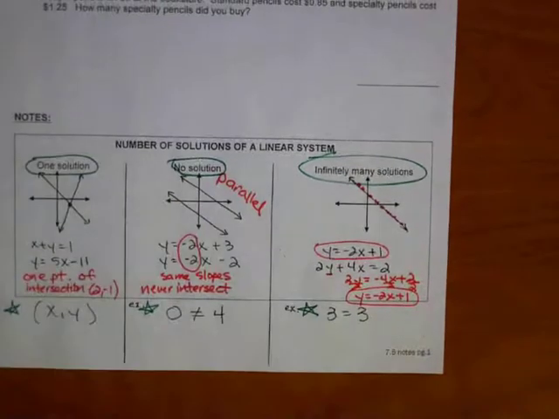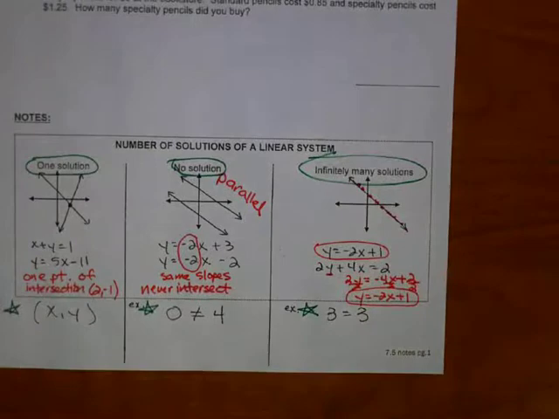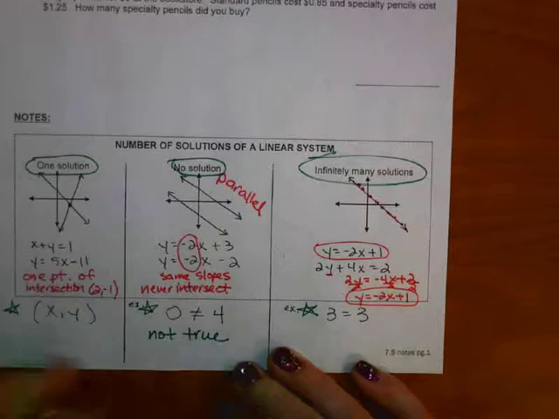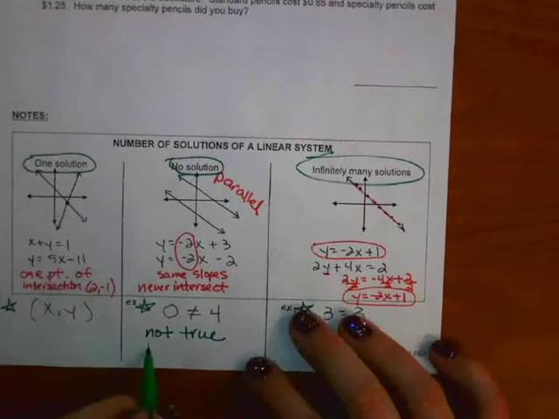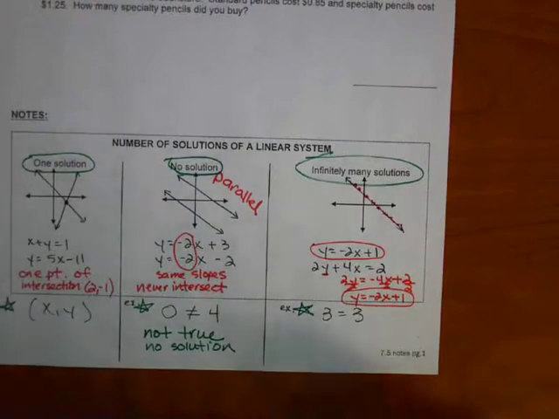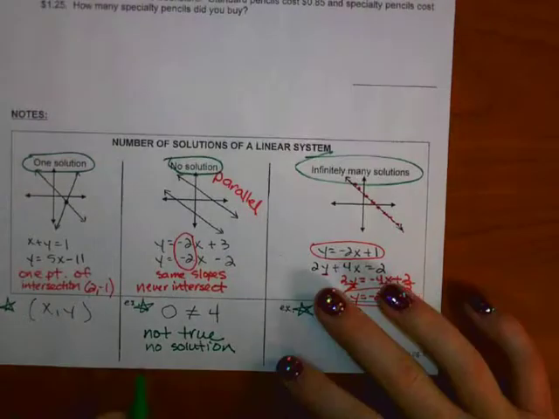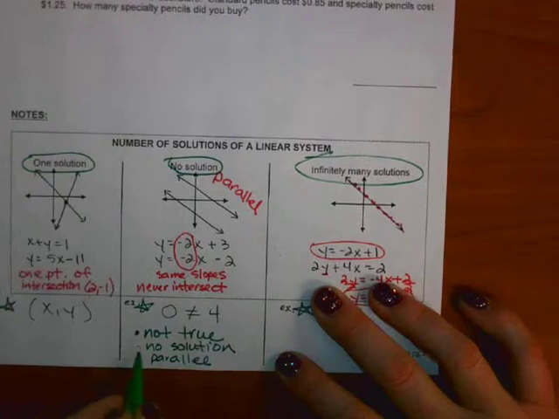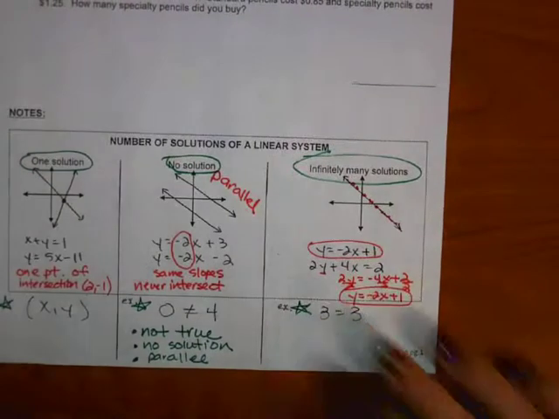Is that a true statement? No, it's not true. And so if that happens, that means that there's no solution. If there's no solution, they have to be what kind of lines? No solution. Parallel. They're never going to intersect. Parallel. This is not true, so there's no solution. They have to be parallel lines.